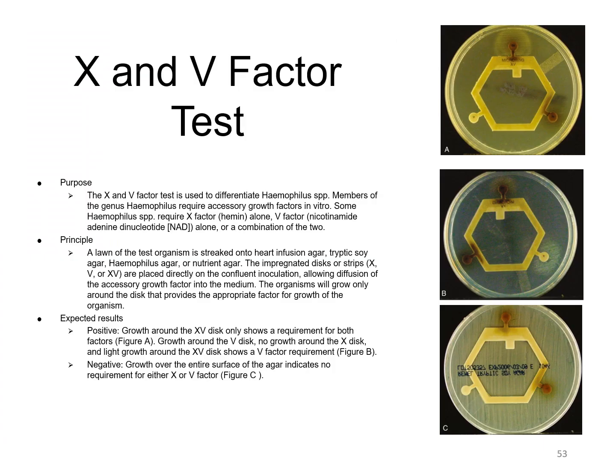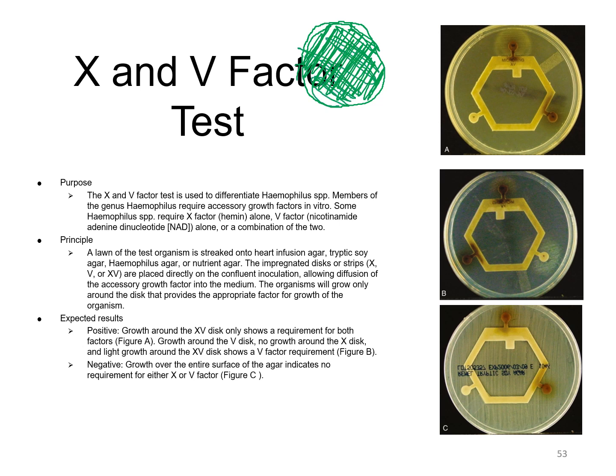With your X and V test, there are a couple of different methods. This particular method requires a nutrient type agar that does not have any X or V in it, so there's no blood in it. You do one of those lawn sweeps where you culture the organism over the entire plate, and then you place the strips down.